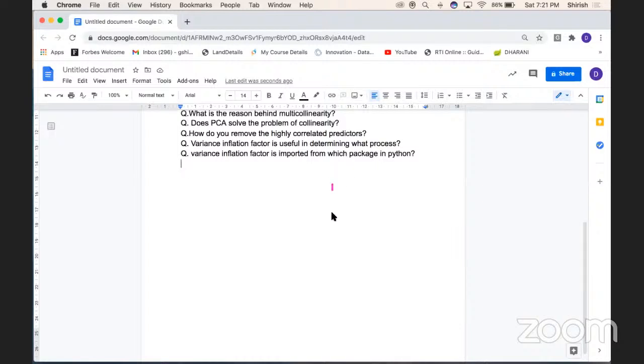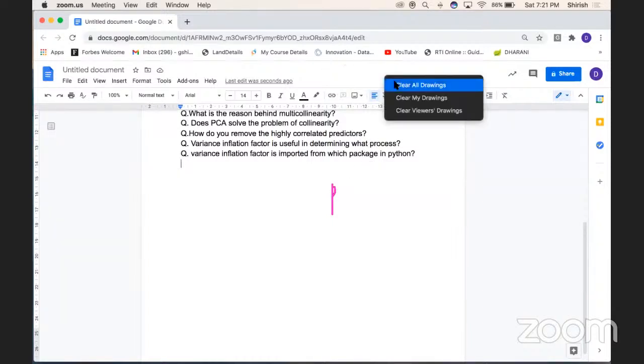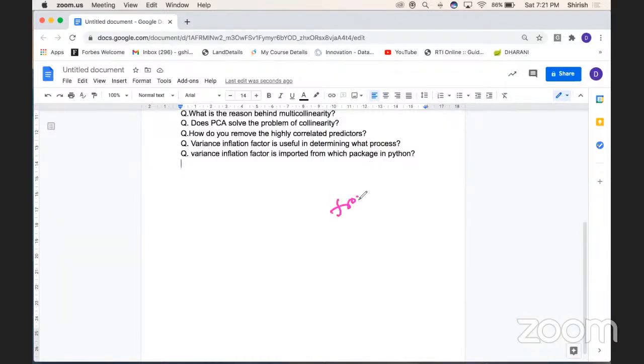Okay, it is from statsmodels.stats.outliers_influence.